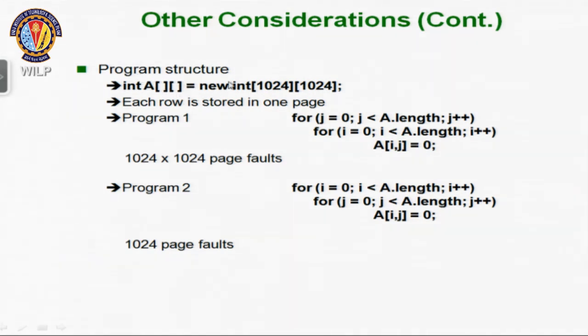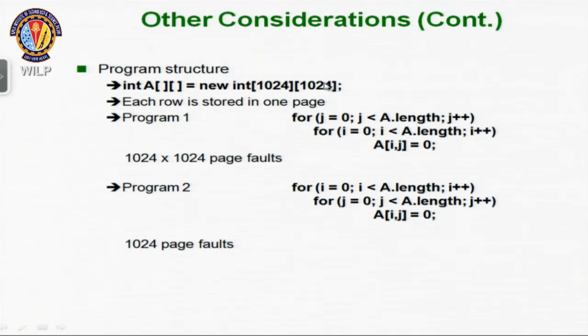Say we have defined an array of 1024 by 1024 elements, and how the array is actually stored in memory depends on the layout.